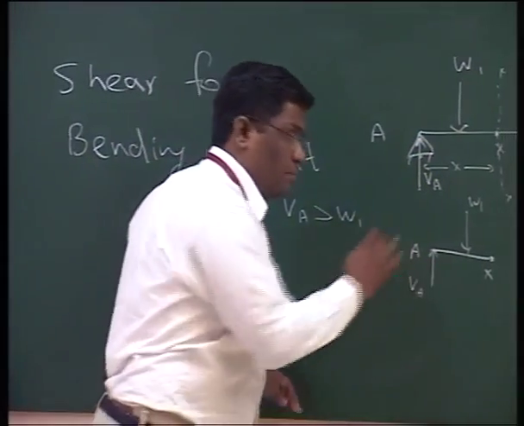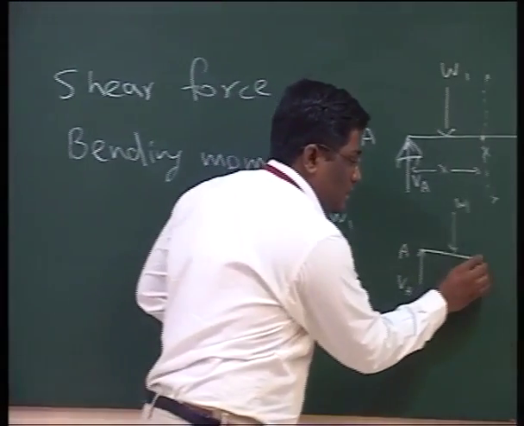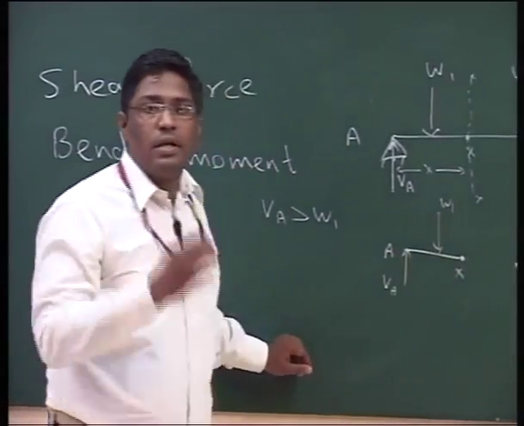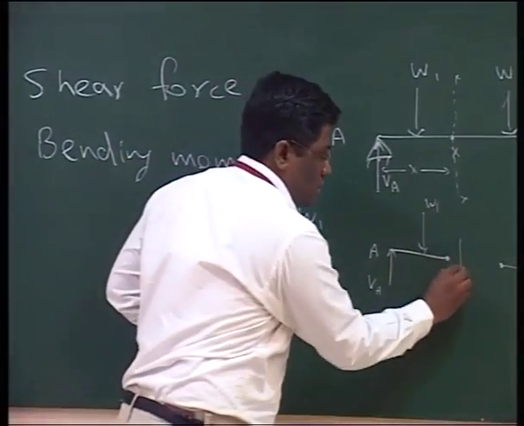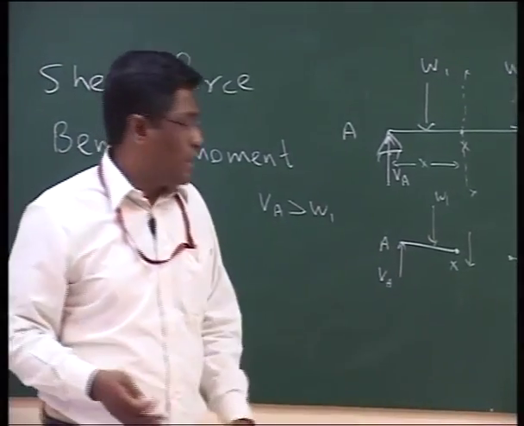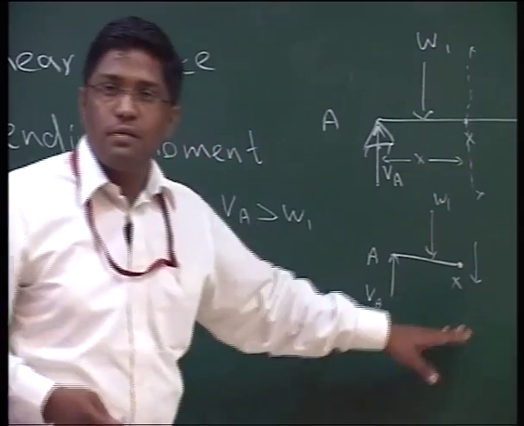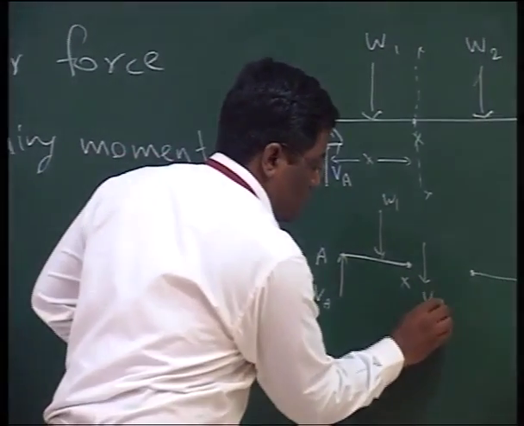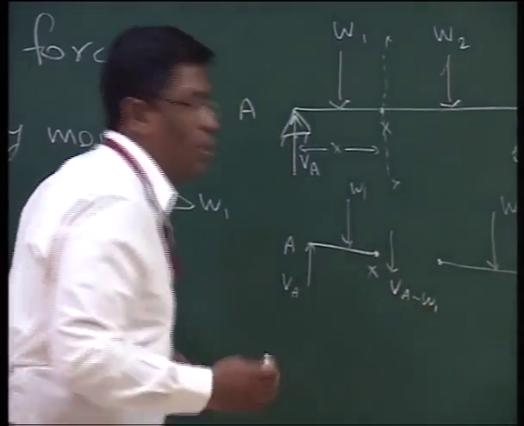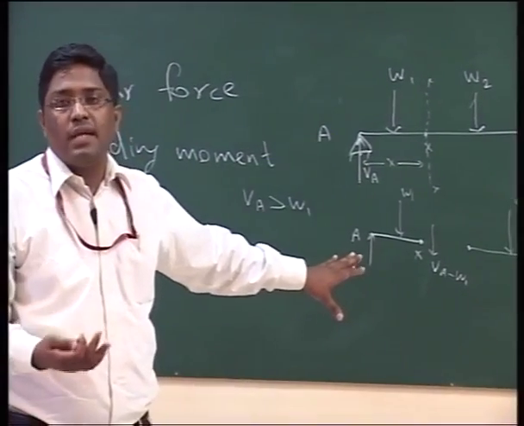But the case is not there, it is not going upwards. Then it means that at this particular point there has to be a force which is on the opposite side of the net tendency, that is the downward side, and the value of this must be VA minus W1 in order to make this particular part in equilibrium.